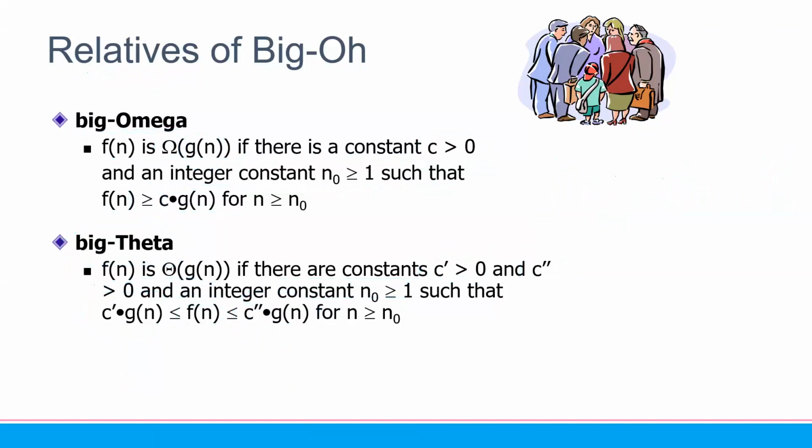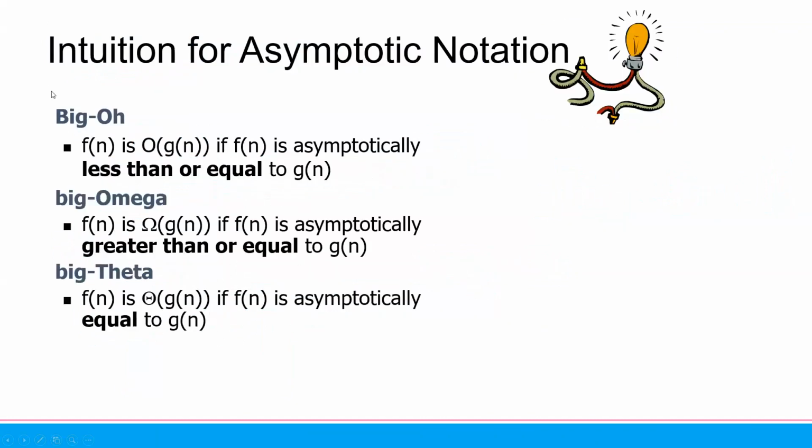In an easy way, please do not be confused by this complex definition. The intuition for the asymptotic notation is this. If it is big O, Fn is O(Gn) if Fn is asymptotically less than or equal to Gn.